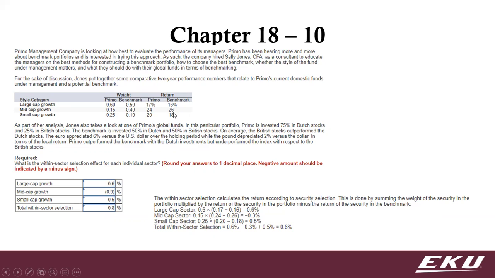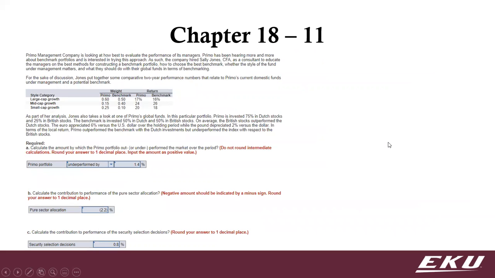And so if we're overperforming like we are in large and small cap, they're positive. We're underperforming, so it's negative in the mid cap. Okay, so we're going to use these numbers, but the calculations will be on the next slide.